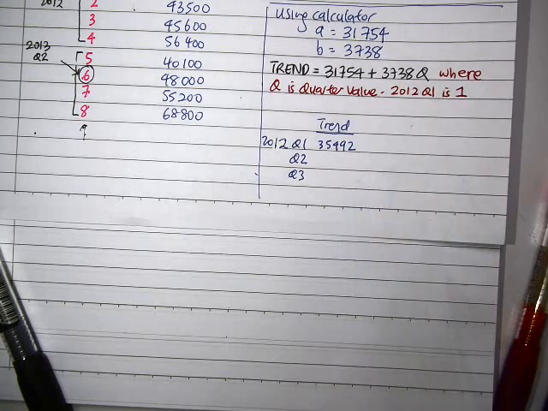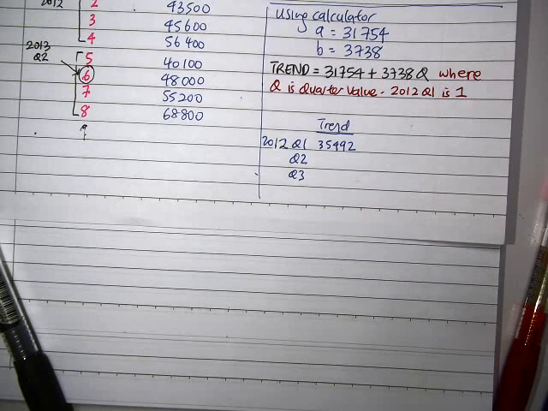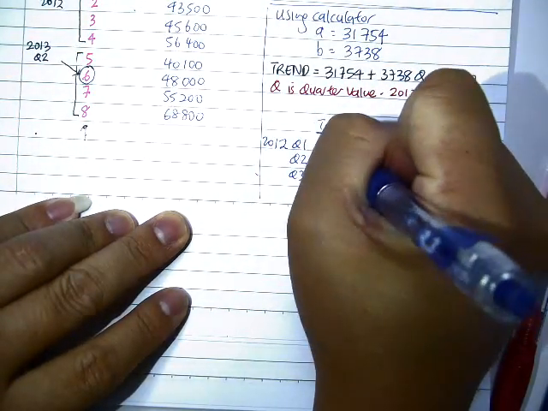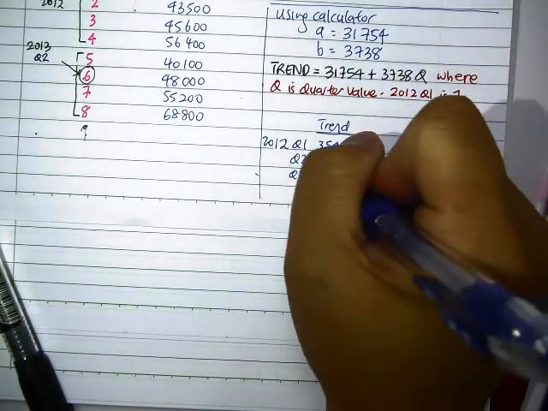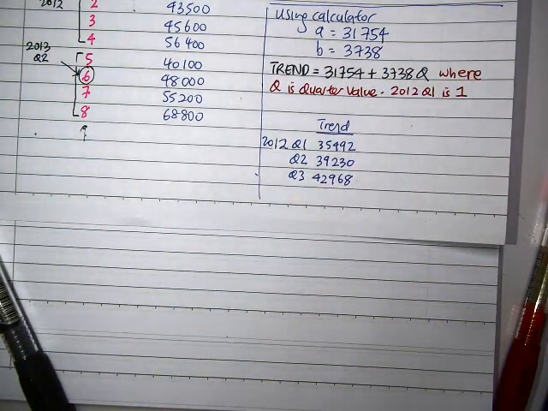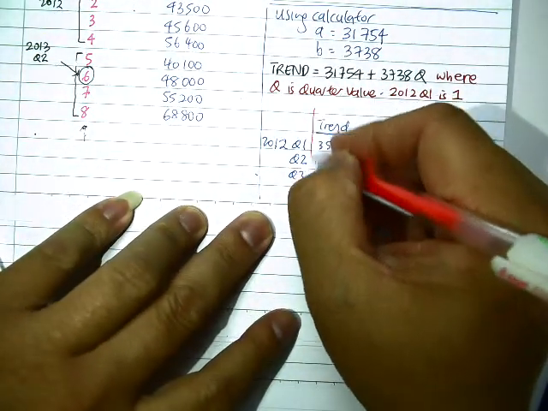You just keep adding. You multiply also can, you add also can. So you add 3738, I got 39230, 42968. Now class, this is what? Trend.